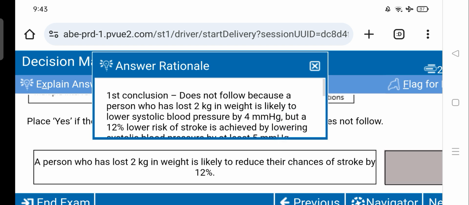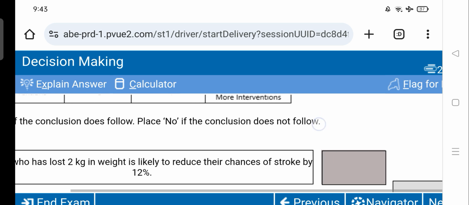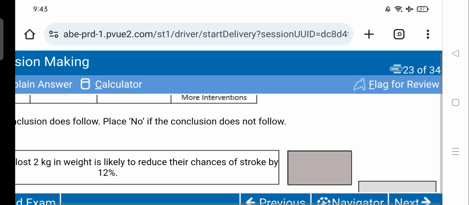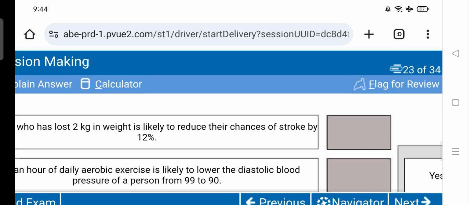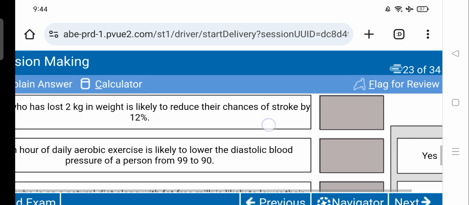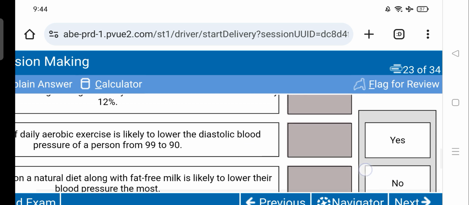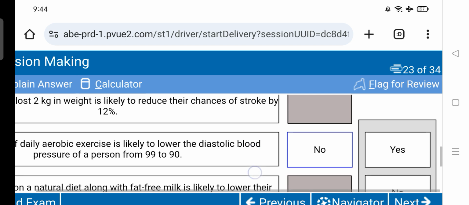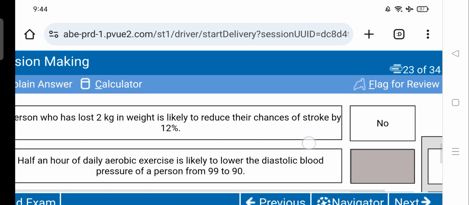So that's why the first conclusion does not follow. So we will drag a no and drop it here in front of this conclusion.